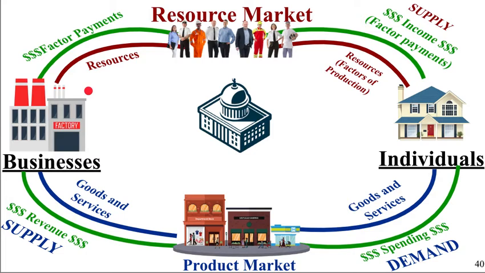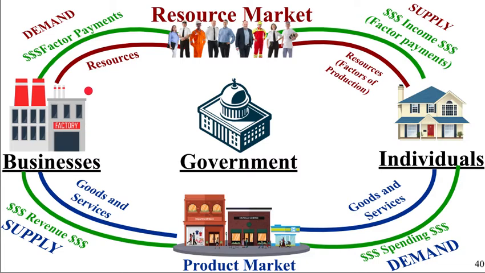Everybody with me? Okay, make sure that you see how this operates. Everything in green right there is the money that's circulating. Everything in red or blue is part of the goods or the factors that are circulating as well. So in the resource market, everything in red up there is part of the resources that are being exchanged.